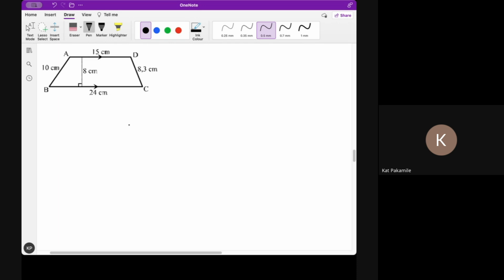Nice, guys. A lot of you actually remember. So the area of this is half of the sum of side A plus B times the perpendicular height.